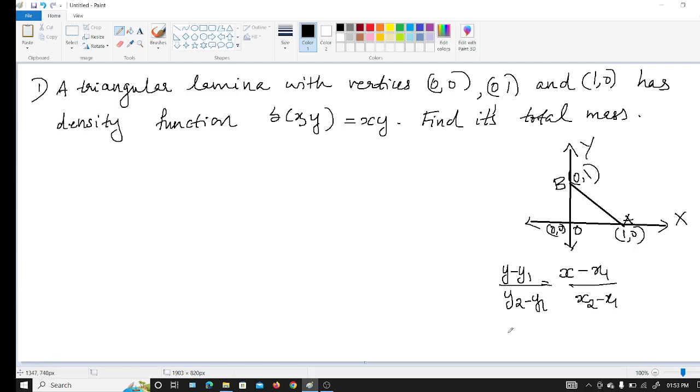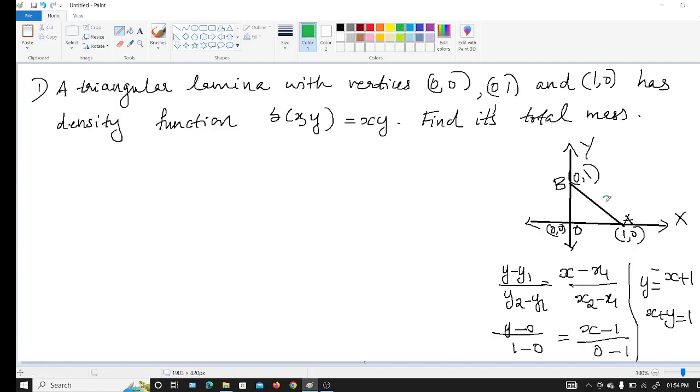Consider A to B: y1 is 0, y2 is 1, x1 is 1 and x2 is 0. So, you have y equals (x minus 1) by minus 1, so you can write minus 1 plus 1. That means x plus y equal to 1. So the equation of this line is x plus y equal to 1.